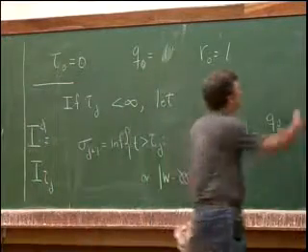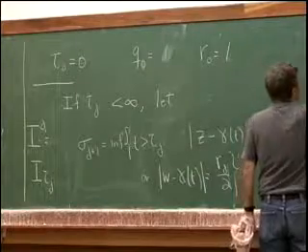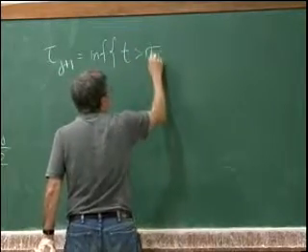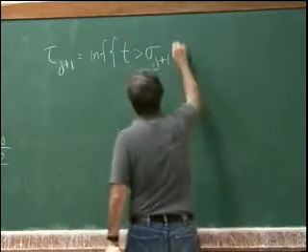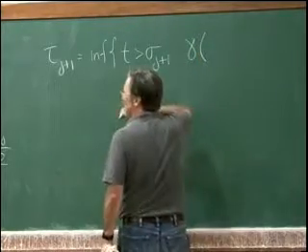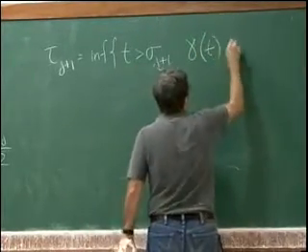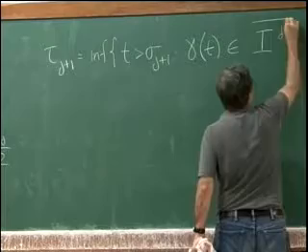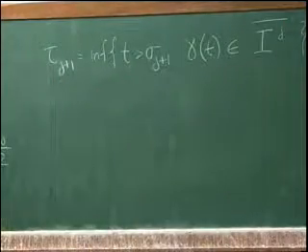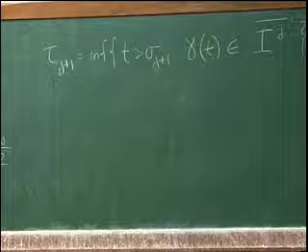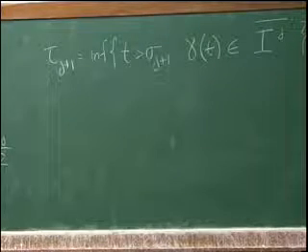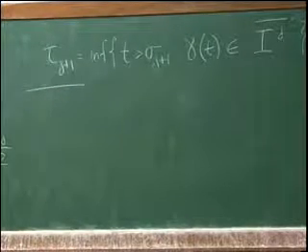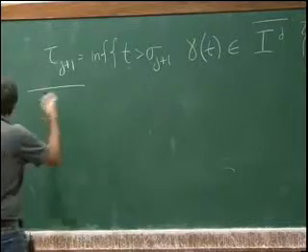So I'm going to let tau j plus 1 be the first time after sigma j plus 1 that gamma of t is in this crosscut. Actually, just to be careful, we'll take the closure of the crosscut. So that's an excursion.